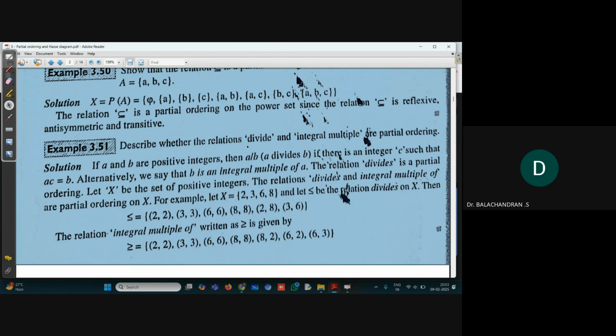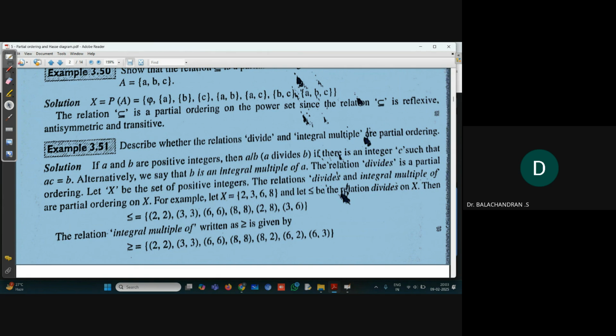Describe whether the relations divides and integral multiple are partial orderings. We know that the relation divides: A divides A, and hence it is reflexive.